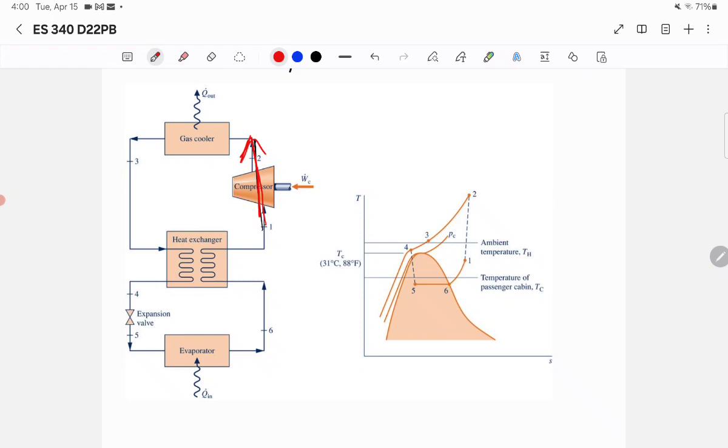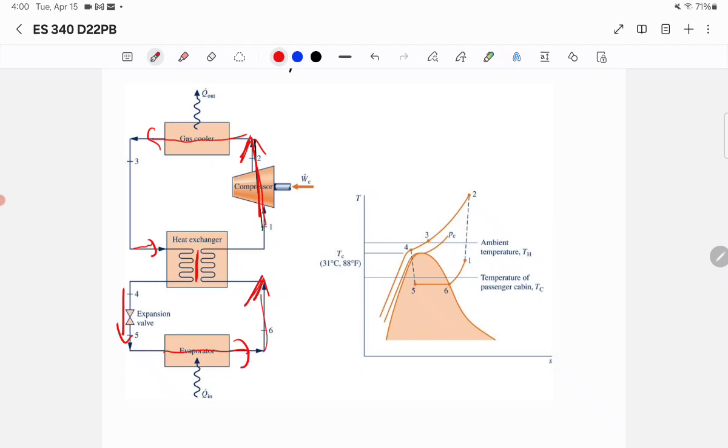I have some kind of cooler here where the heat is released. I have a heat exchanger. Notice that there's no mixing here. I do the expansion step, which is common, obviously. The evaporator again, but then I go back up through the heat exchanger.